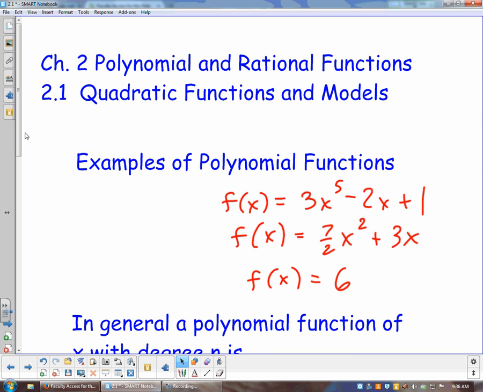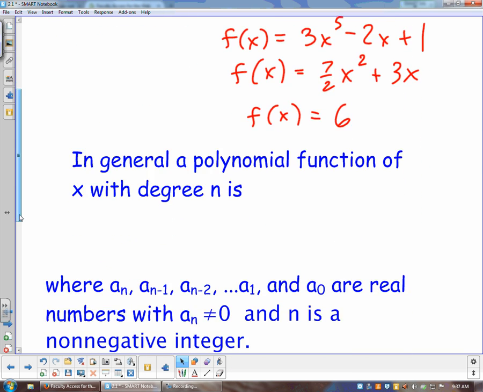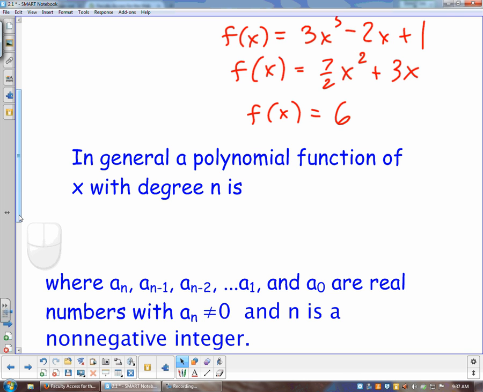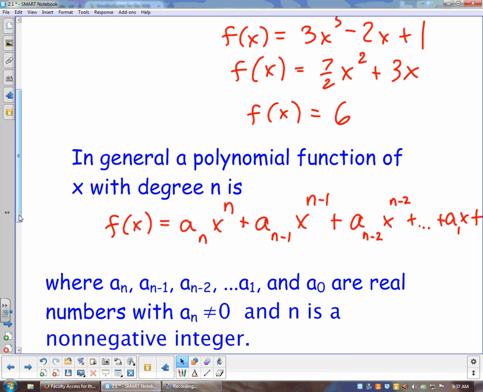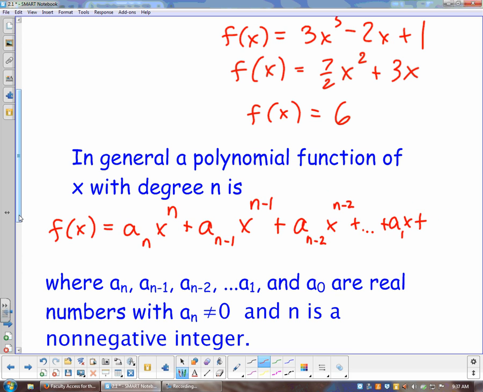In general, a polynomial function of x with degree n is written f of x equaling a sub n x to the n plus a sub n minus 1 x to the n minus 1 plus a sub n minus 2 x to the n minus 2 and so on, all the way down to a sub 1 x plus a sub 0.